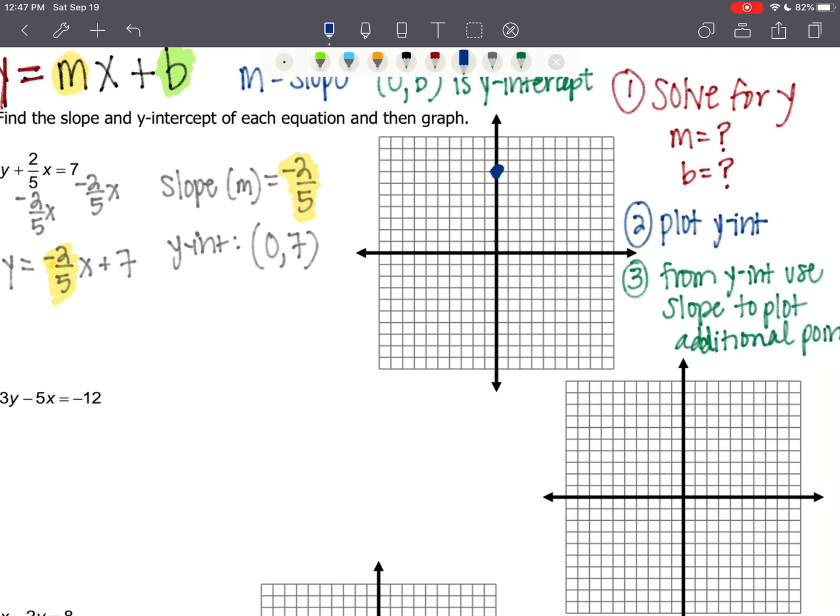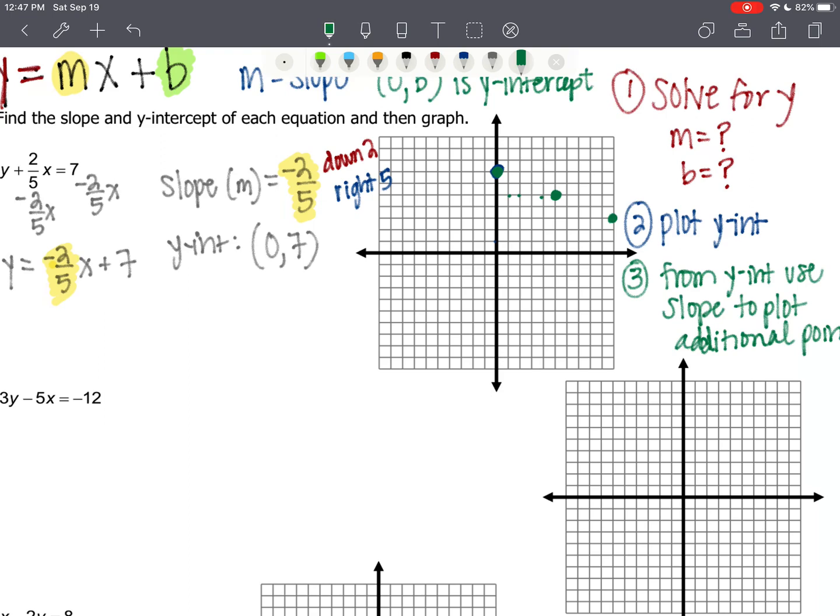From that y-intercept, we're going to use our slope. Our slope is down 2, because of the negative, right 5. So down 2, right 5. Down 2, right 1, 2, 3, 4, 5, right there. Or we can go opposite and we can go up 2.